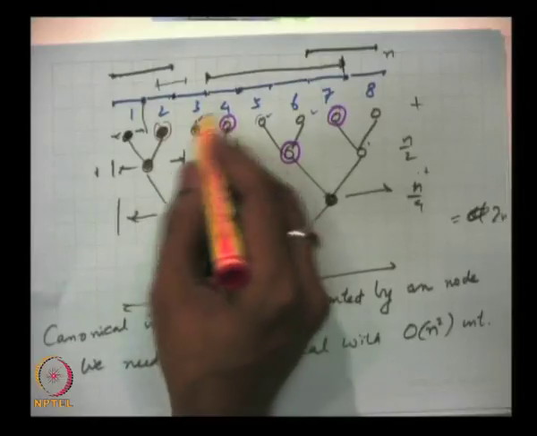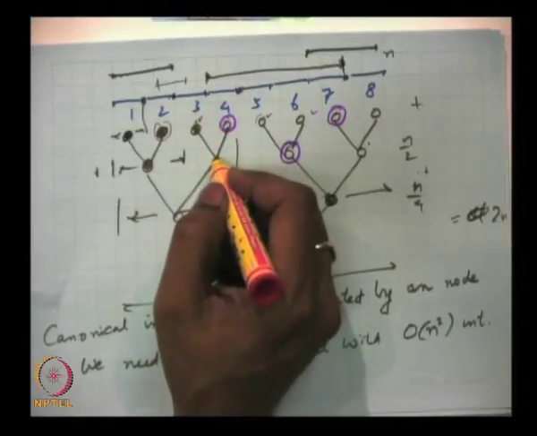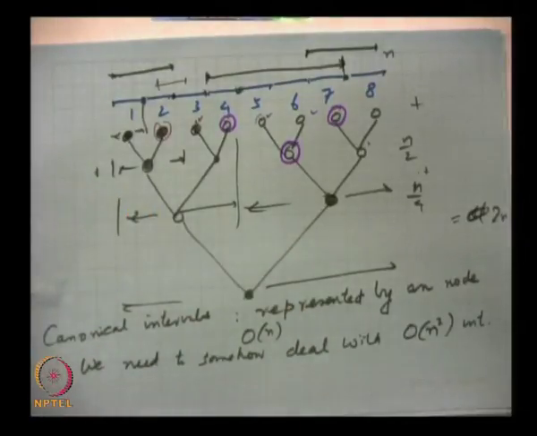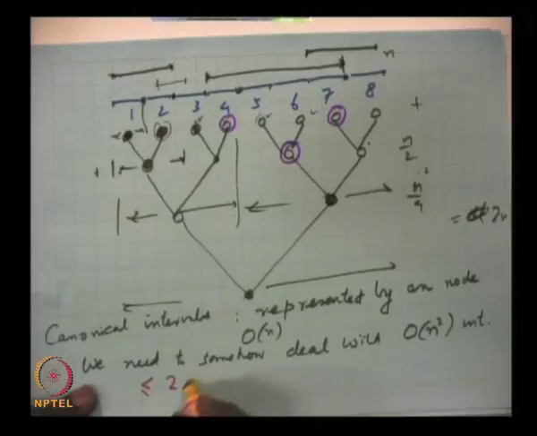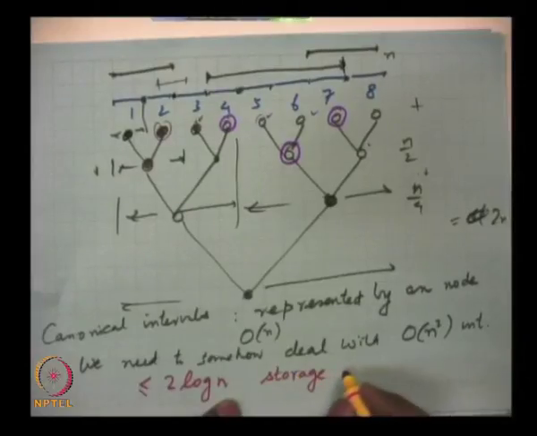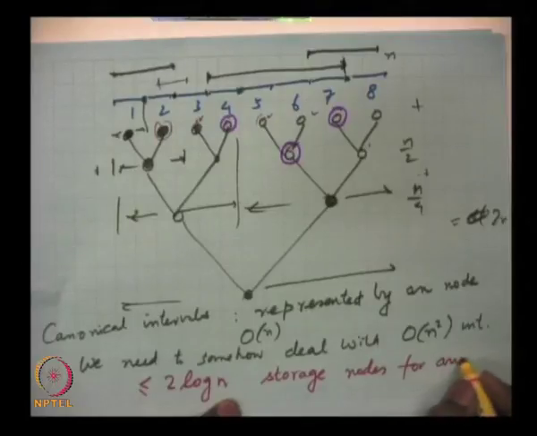If there is a storage here, then these two should combine and move up. So, there can be at most two storage nodes corresponding to an interval at each level, and there are only log n levels. So, there are at most 2 log n. What we have argued is that there are less than or equal to 2 log n storage nodes for any interval.